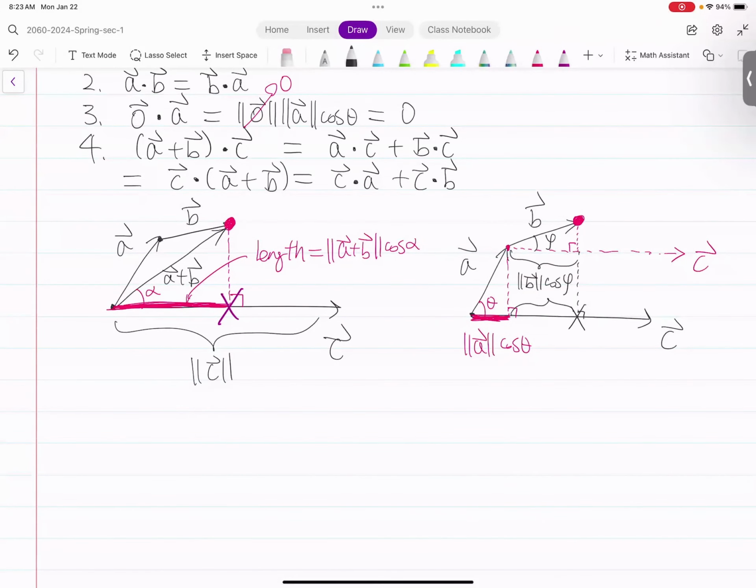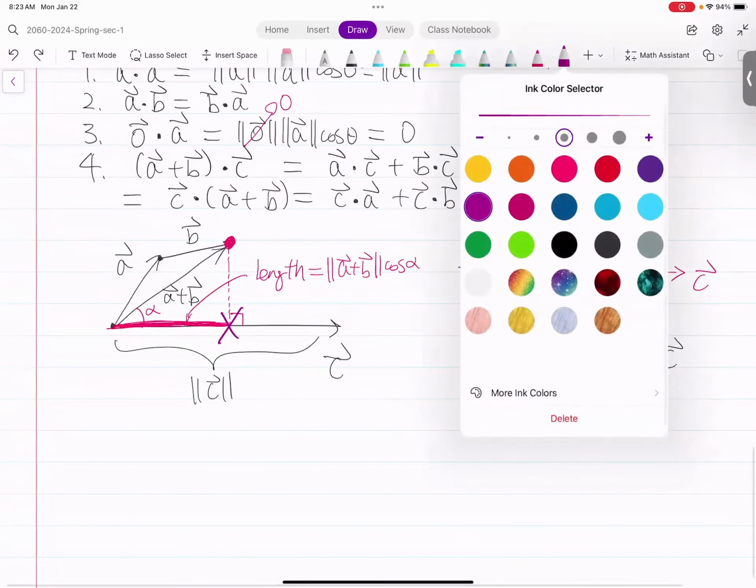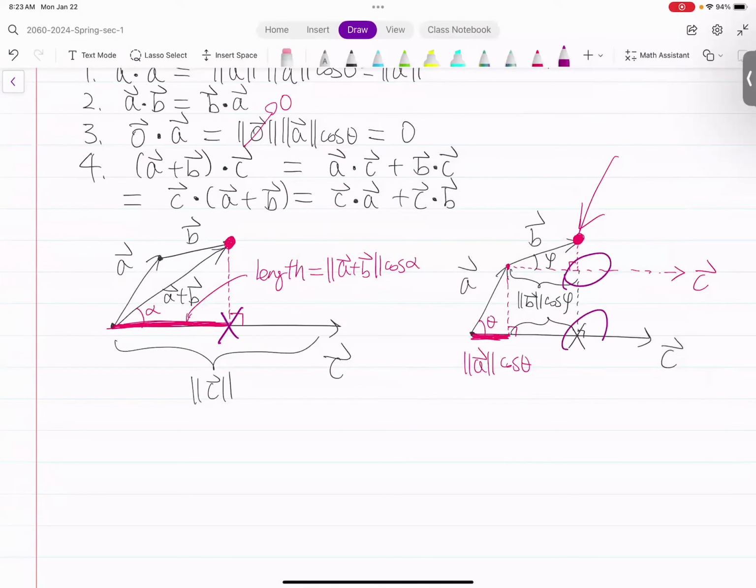Now I want to mention that even if this red dot right here is outside of the plane in front of you, this projection down to the red C and then black C will still end up with the same point as this point. Let me illustrate that in another figure.